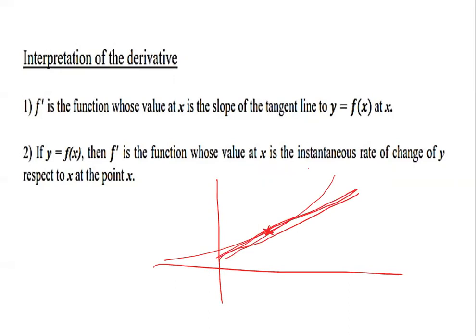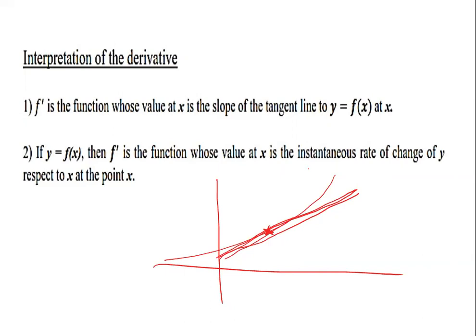This is a second interpretation. If y equal f(x), then f prime, or the derivative of f, is the function whose value at x is the instantaneous rate of change of y with respect to x at the point x.